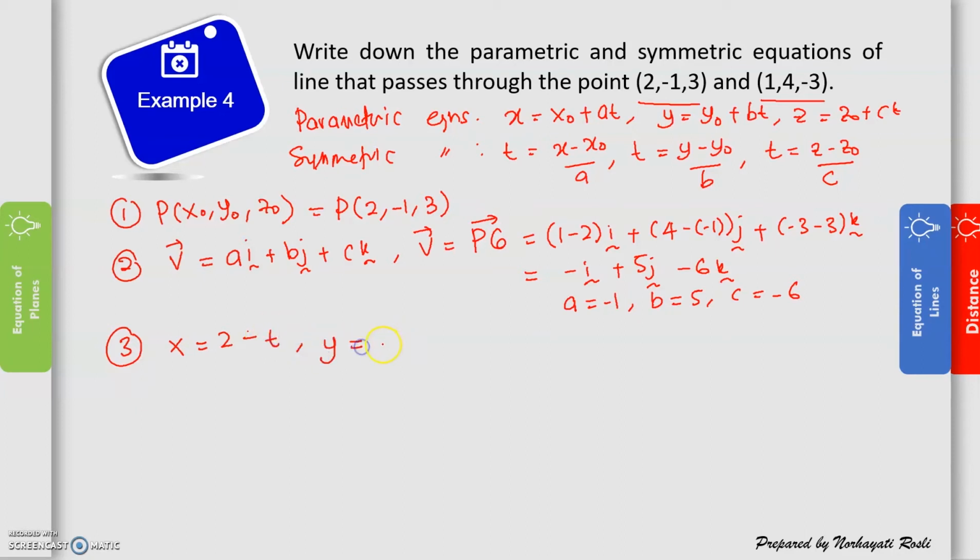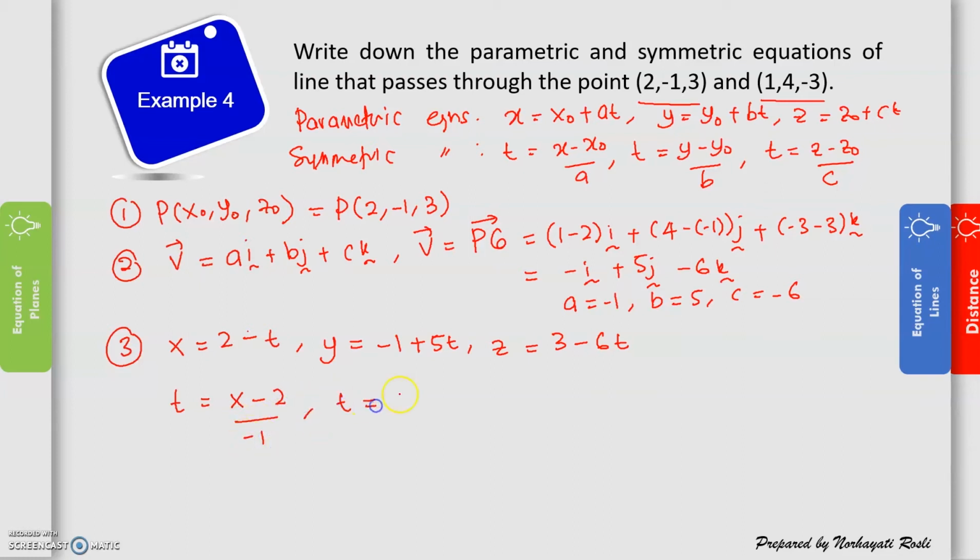Y equal to negative 1 plus bt, b is 5, so plus 5t. Z equal to 3 plus negative 6, so minus 6t. And then our symmetry equation: t is given by x minus x naught, so x minus 2 divided by negative 1.